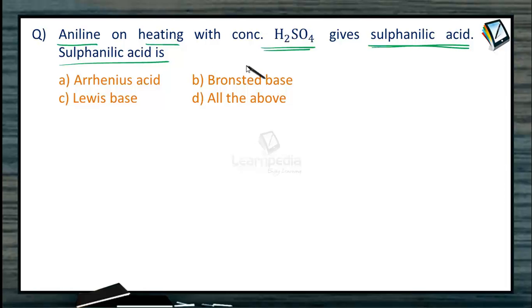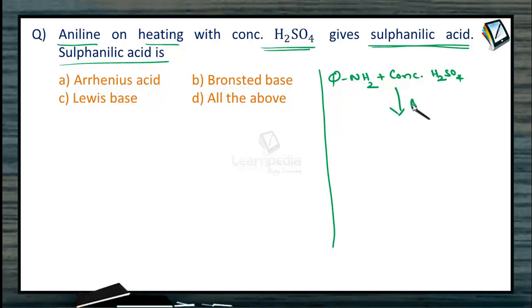is the reaction involved between aniline that is reacting with concentrated sulfuric acid. Aniline, C6H5NH2, is allowed to react with concentrated sulfuric acid. Now when you go for heating this mixture, what will be the product formed? That is given as sulfanilic acid.